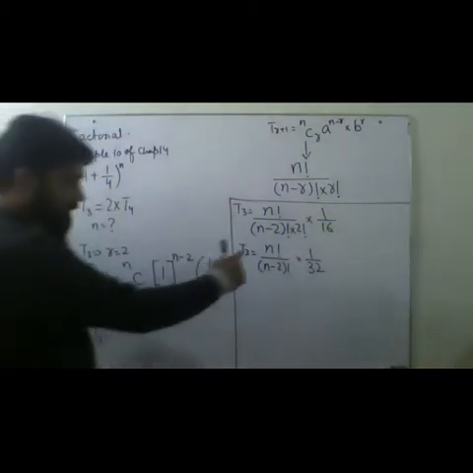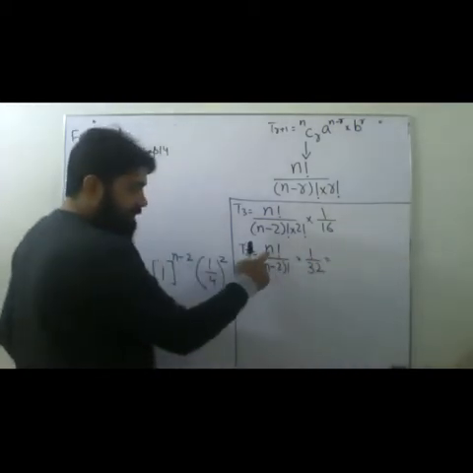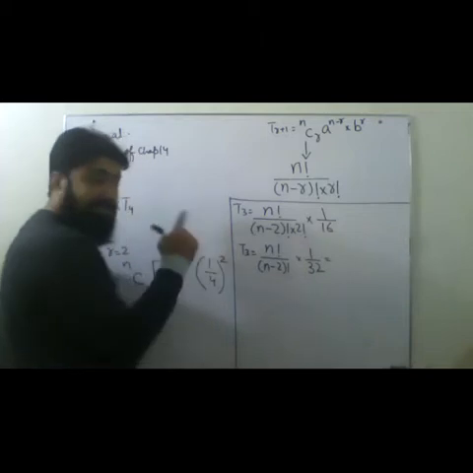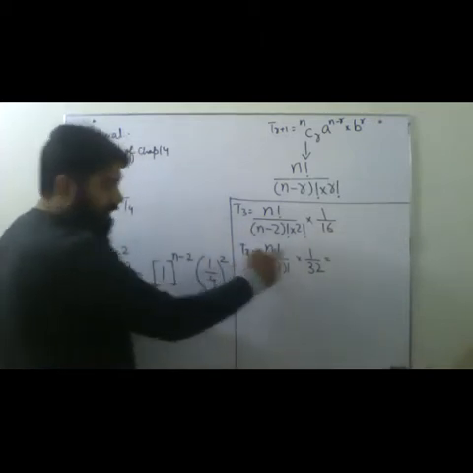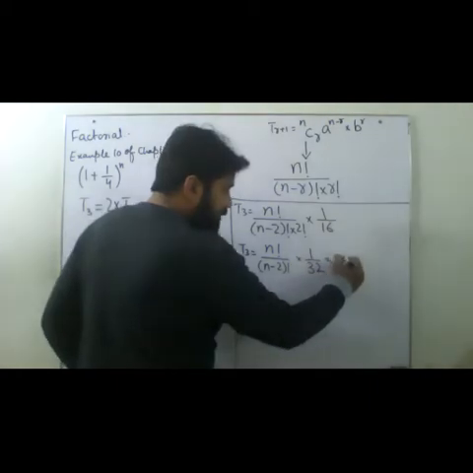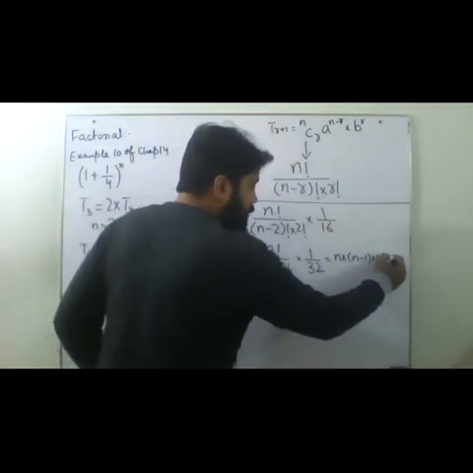Now I have to expand this one. Which one will I expand? This is n factorial, means this is n minus 0 factorial. I can expand this part. n into n minus 1 into n minus 2.